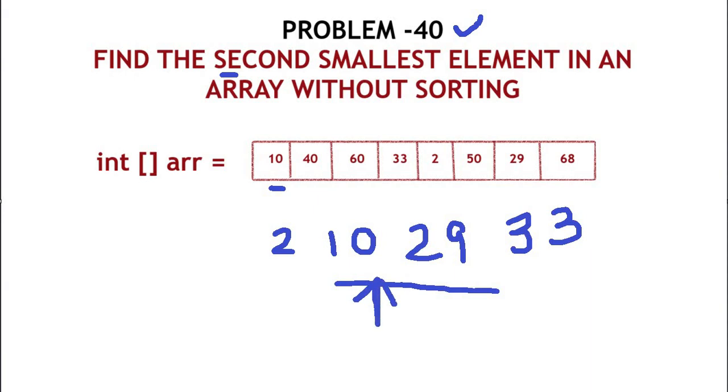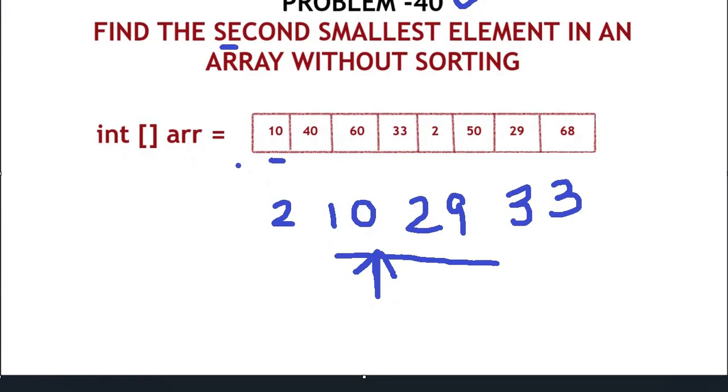Or if you sort the whole array in descending order, that is 68, then 50, then 60, then 40, 33, and so on, then the element present at index n minus 2 will be your second smallest element.